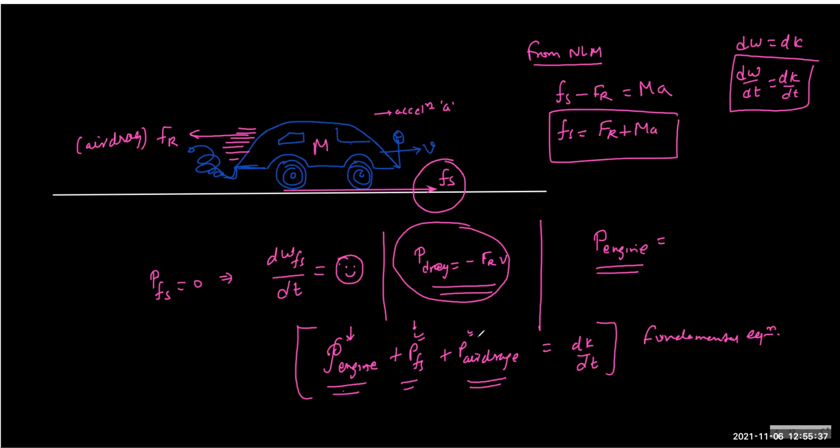So drag will decelerate the car, and the car will eventually come to rest. If we assume hypothetically there is no air resistance, then the car will keep on moving forever without any power, and that is because of inertia. You can answer any question from this expression. You can just remove or add terms if you have more forces, and keep on doing this. This is how we progress.